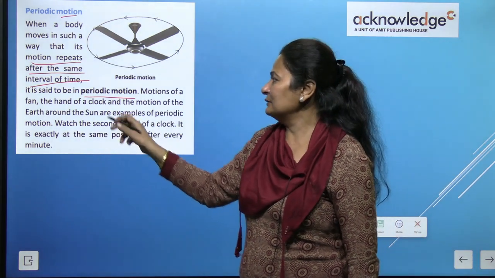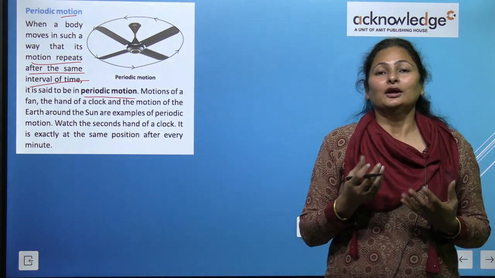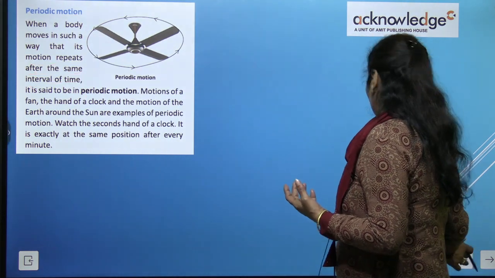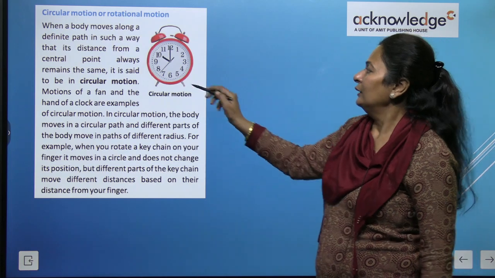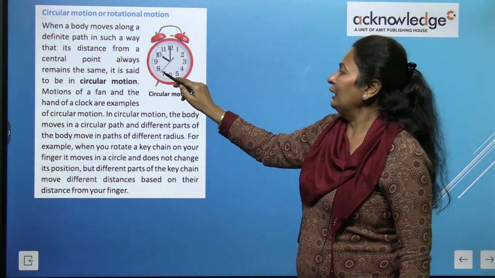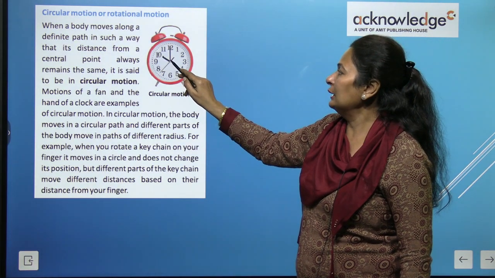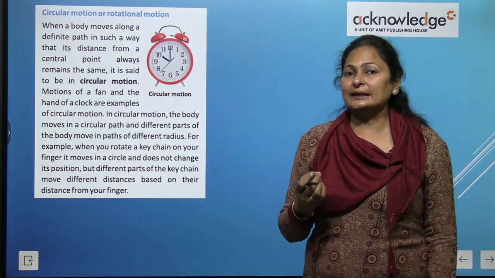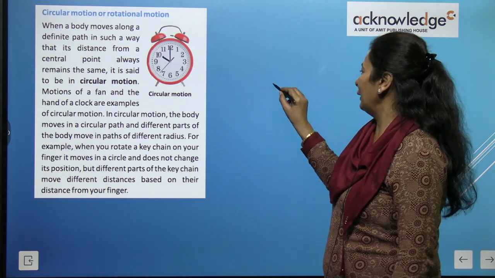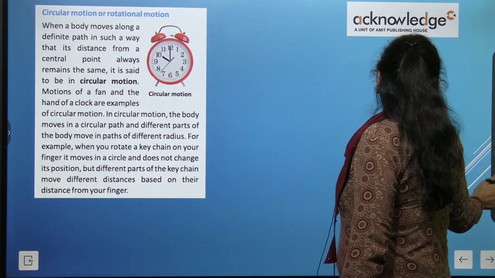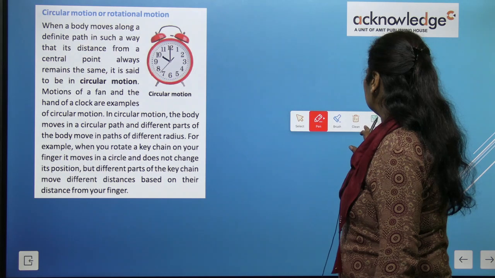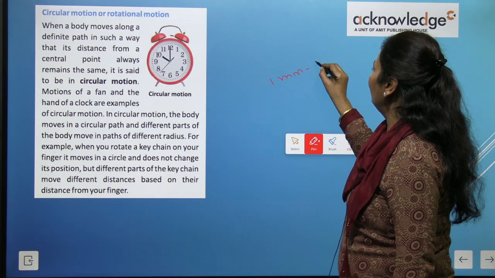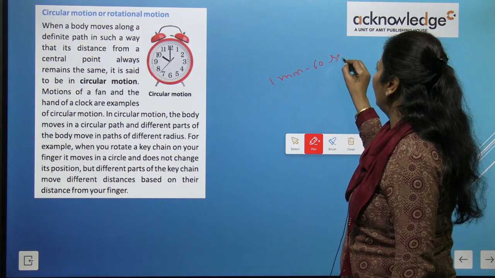And what else have we seen? The hand of a clock. You must have seen the hands of a clock, right? How much time will it take if a second hand, 1 minute is equal to 60 seconds? It will remain the same, 1 minute is equal to 60 seconds only. So the period or the interval is the same every time.